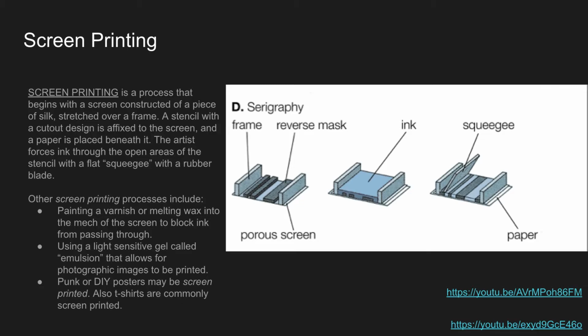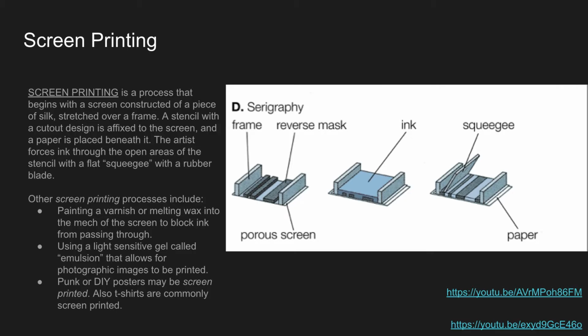Screen printing is the newest of all these processes, but it's very cool. And if you have an opportunity to learn how to screen print, I think you should. So screen printing is different than the others. In fact, it doesn't even produce a reverse image.